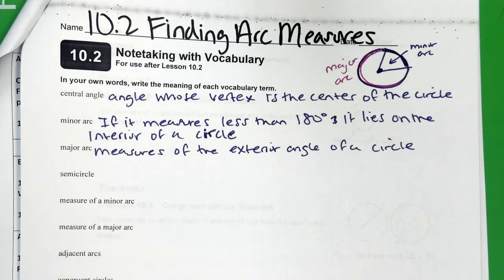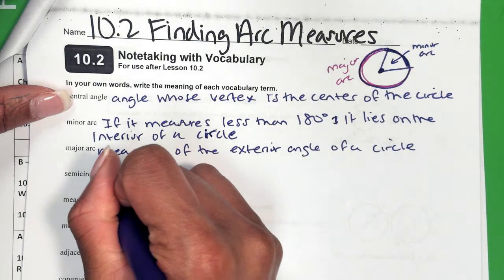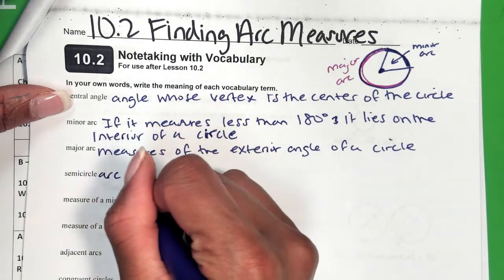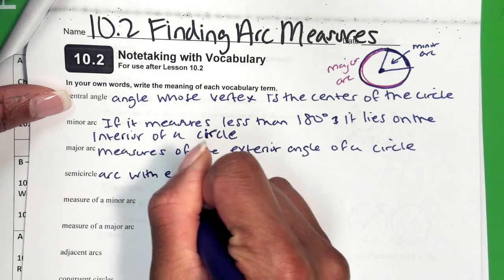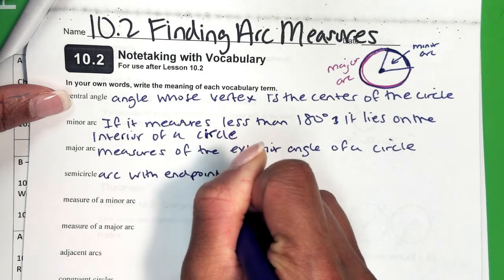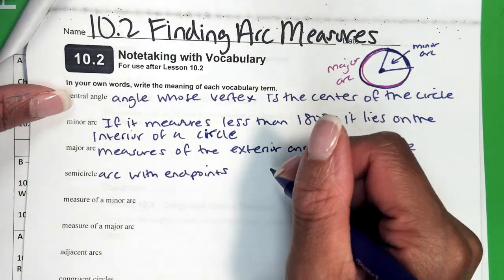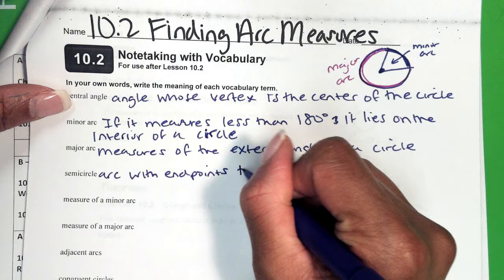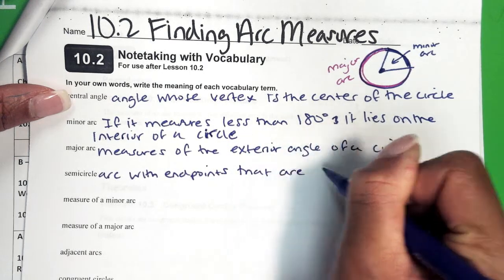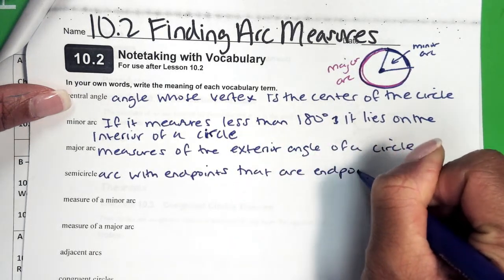Okay, so let's move on to semicircle, and that is the arc with endpoints that are endpoints of the diameter.